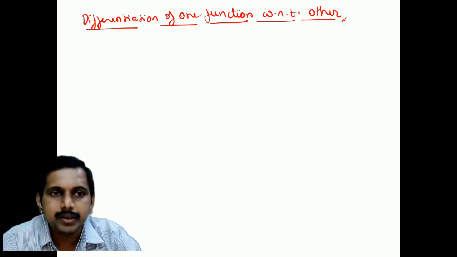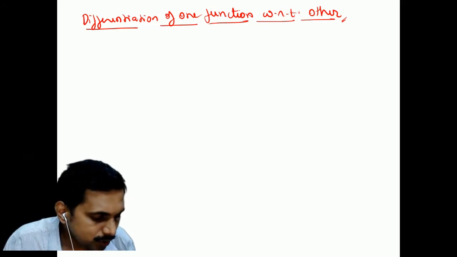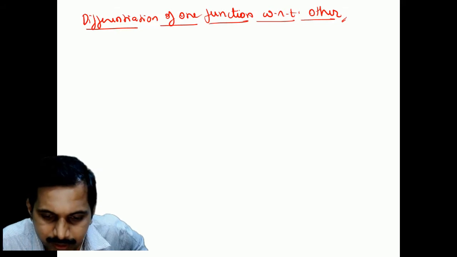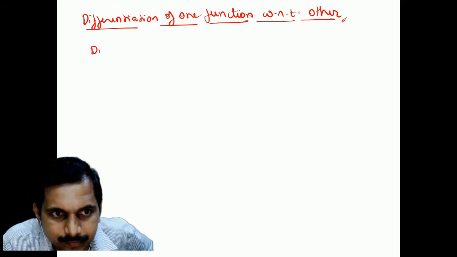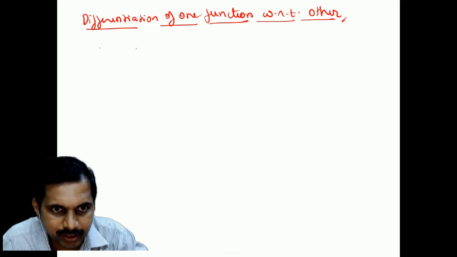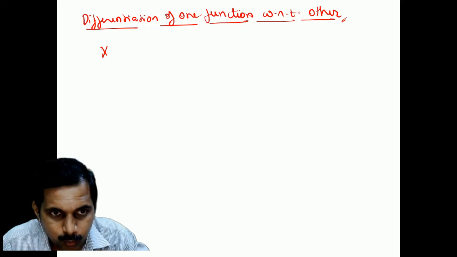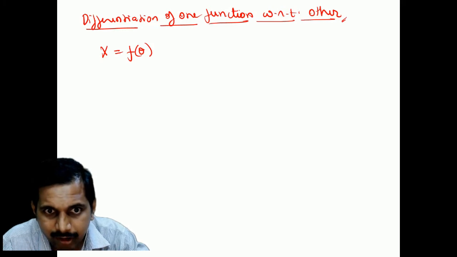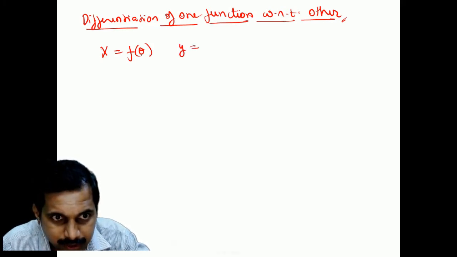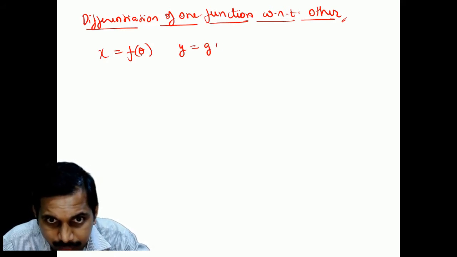Okay, fine. So differentiation of one function with respect to another. How to do that? Let us give an example. Before that, let us see how to do that. Suppose I have a function x which is a function of theta, and I have another function y which is also a function of theta.